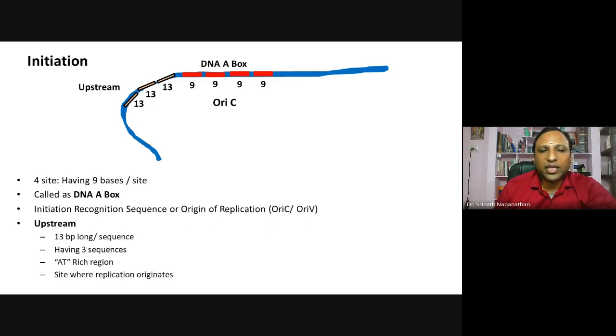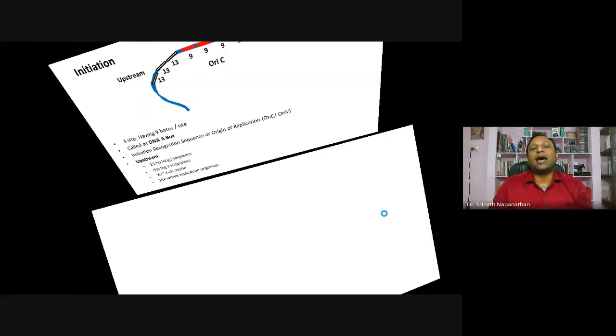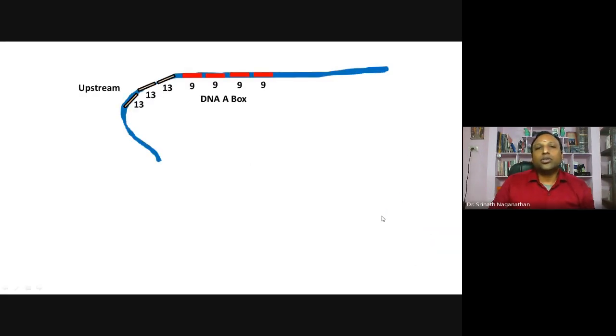Upstream, there is a 13 base pair long sequence having 3 sequences, that is the AT rich region, the site where the replication actually originates.